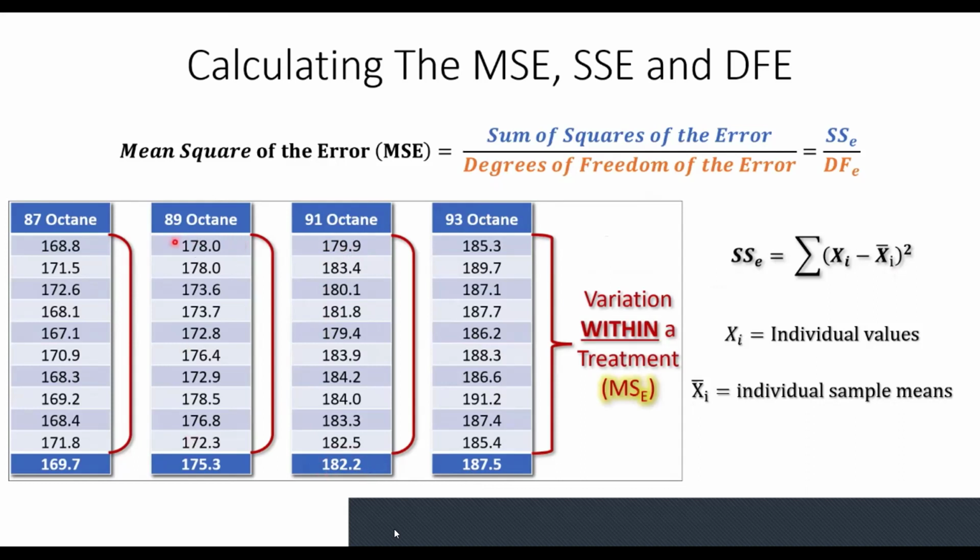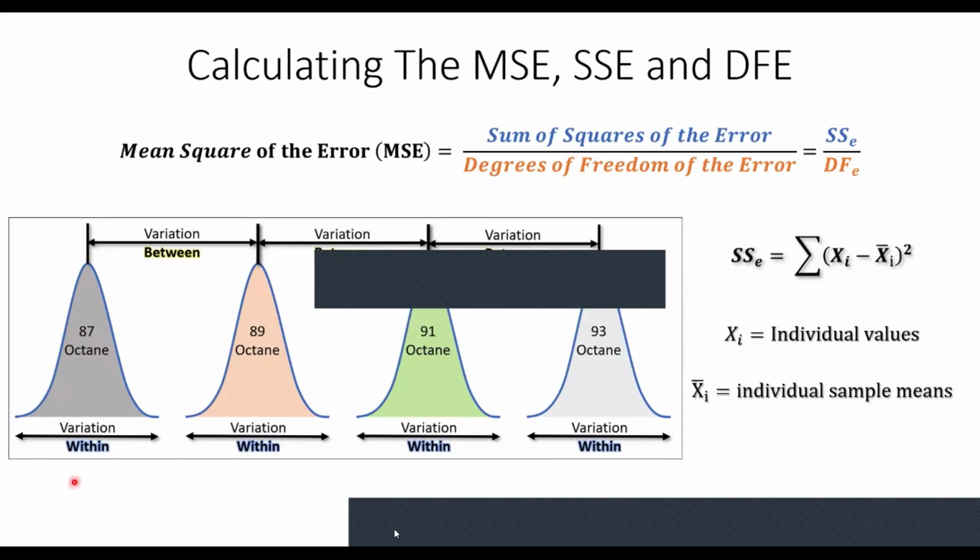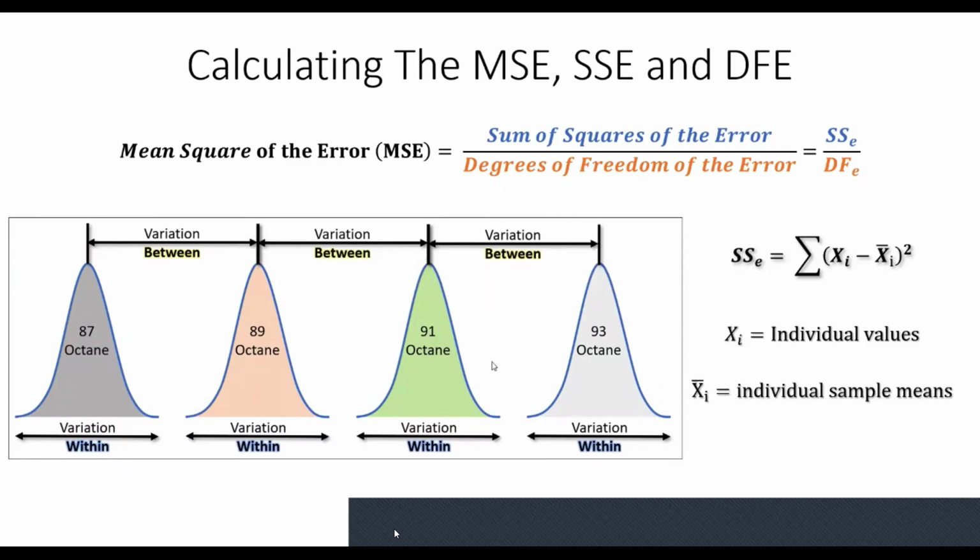Same thing here, we'd compare all of these values against this treatment average, and then same thing here for 87 octane. All of that is intended to make sure that this estimate of variation only captures the variation within each treatment group specifically. Again, pictorially, if you look at these distributions, we only want to estimate the variation within each individual distribution itself. Make sense?